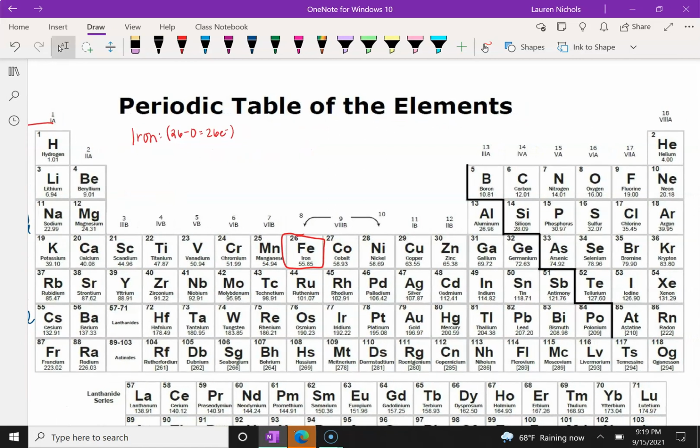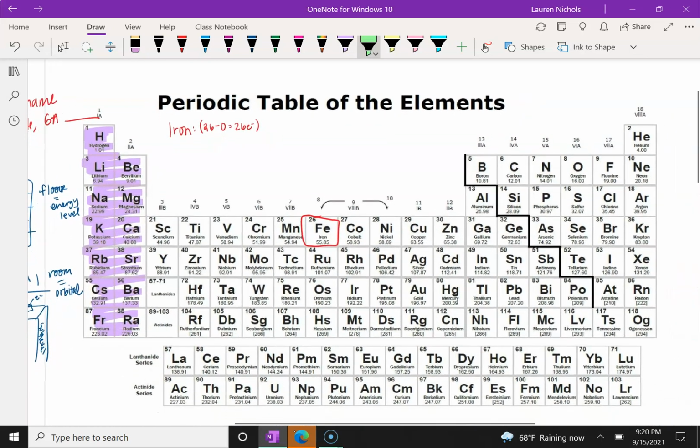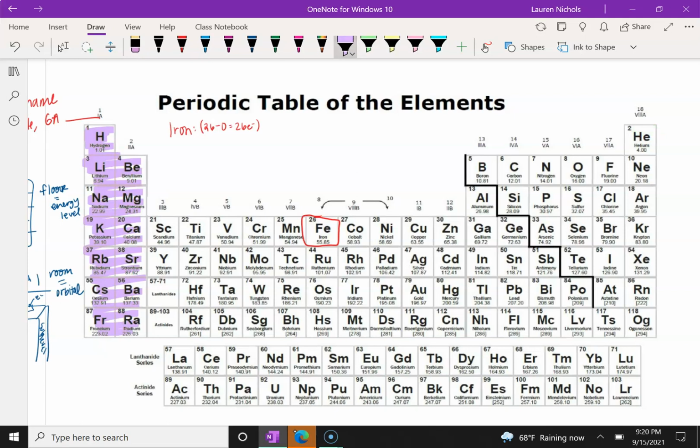And so what we do is we read our periodic table. So remember, we've got the S sublevel is purple. So that would be all of that, including, oops, that shouldn't be green, including helium.